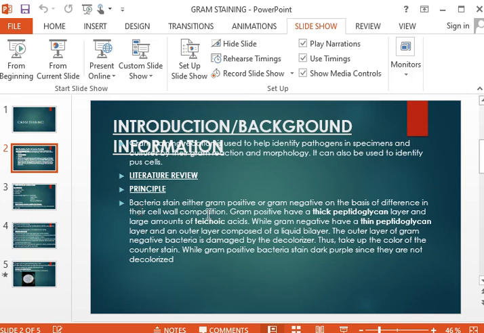Gram positive bacteria have a thick peptidoglycan layer and large amounts of teichoic acid, while gram negative bacteria have a thin peptidoglycan layer and an outer layer composed of a lipid bilayer. So the outer layer of gram-negative bacteria is damaged by the decolorizer, thus taking up the color of the counterstain, while gram-positive bacteria will stain dark purple since they are not decolorized.